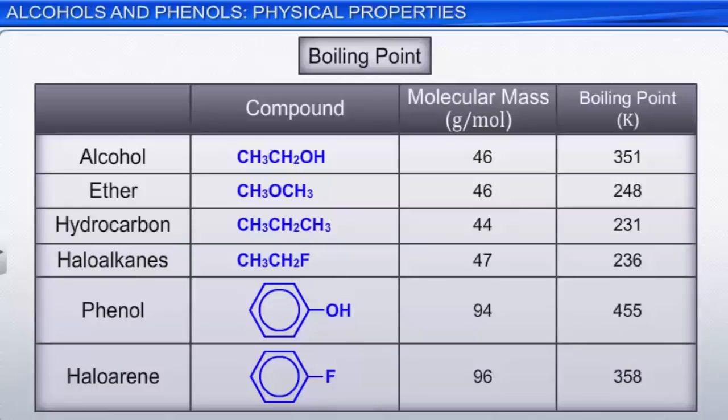For example, the boiling point of ethanol is considerably higher than that of methoxymethane or propane, although all 3 substances have very similar molecular masses.